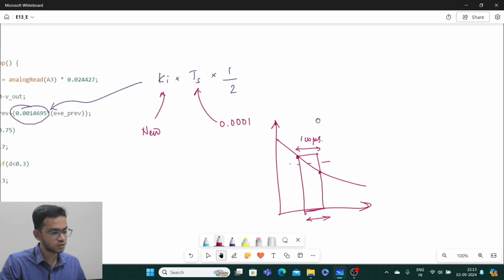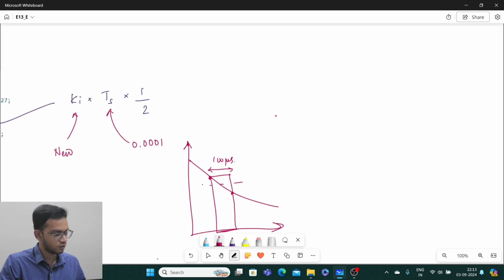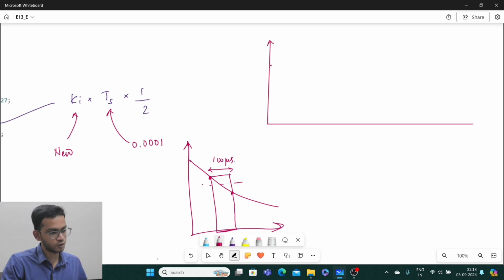So when your converter is operating with a 50 microsecond switching period, your output voltage will be rising, falling, slightly rising, falling, like this with an average value of 12 volt, right?